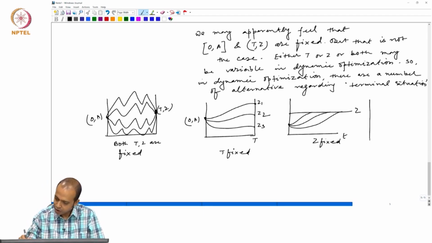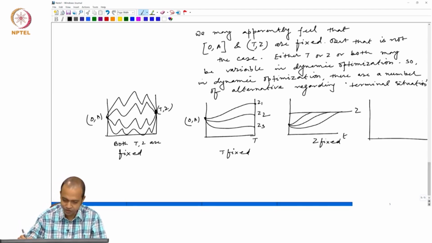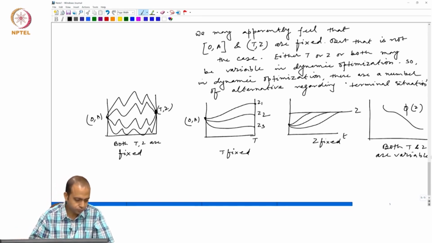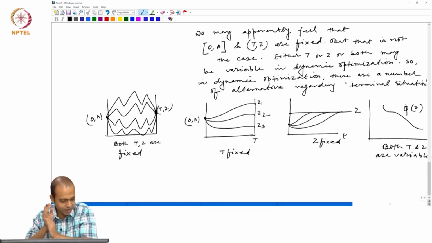There might be another case where both T and Z are variable. We will not discuss this case actually.